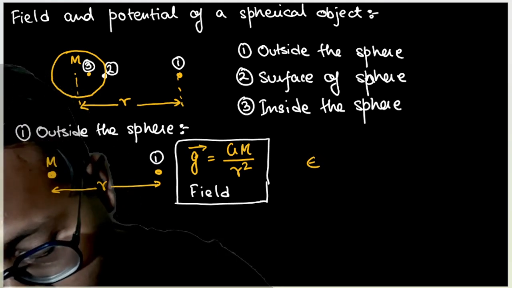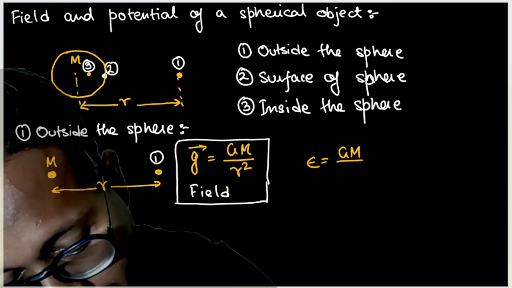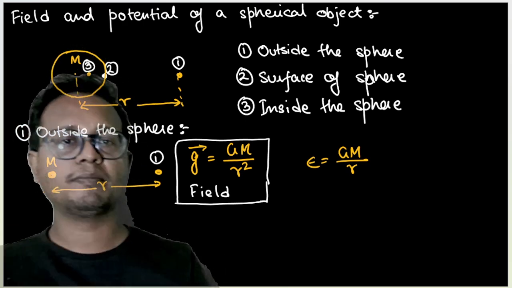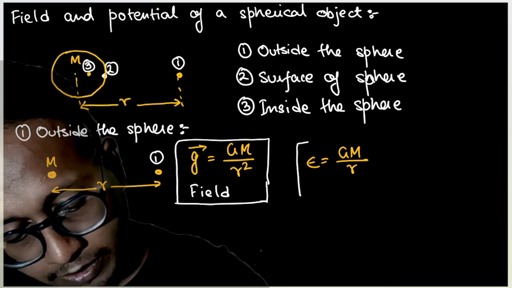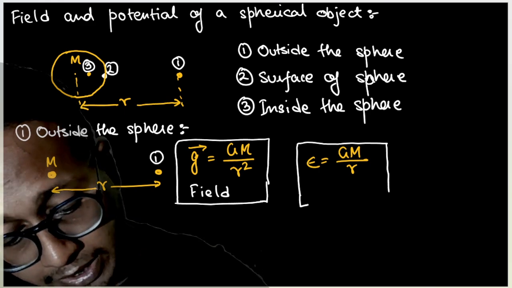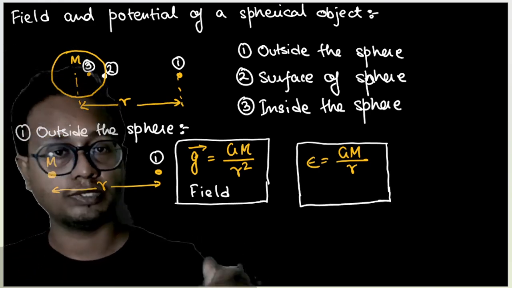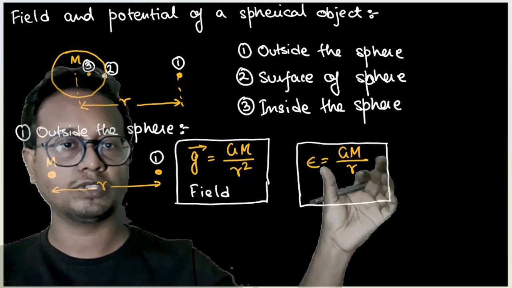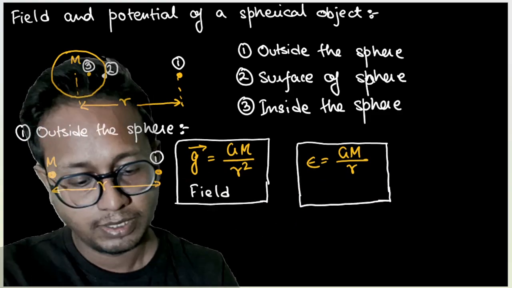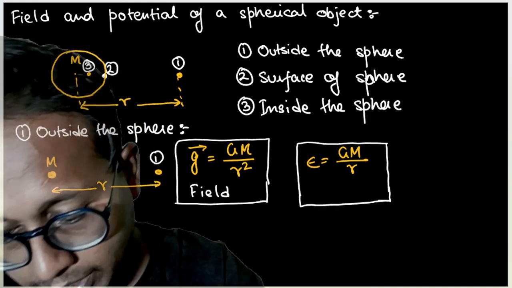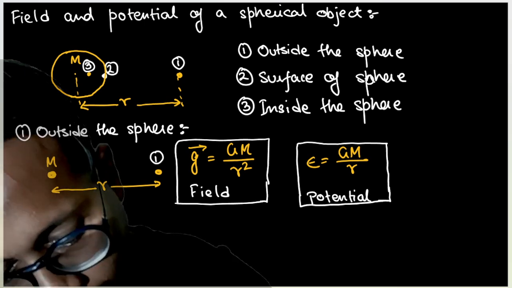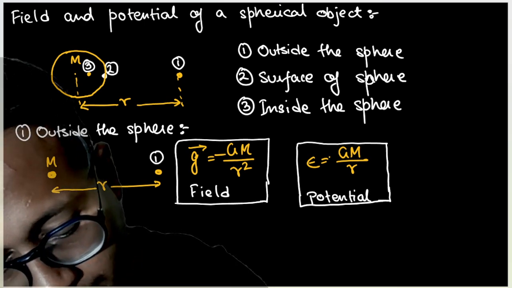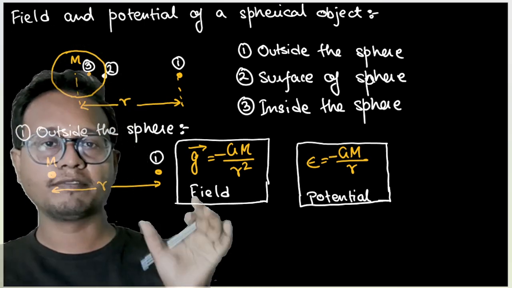Energy is a scalar quantity, equal to GM/r, or rather -GM/r. I'm not writing the minus sign, but that doesn't mean the minus sign is not there. Just understand the magnitude of the concept. So this is the field, this is the potential. Okay, let me write minus.